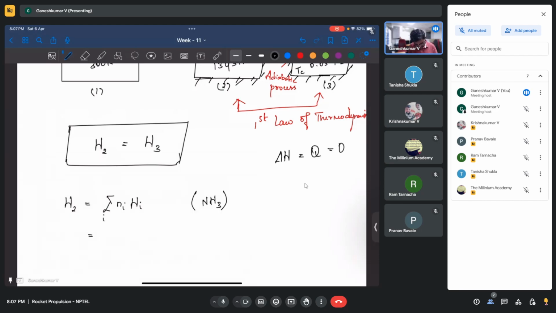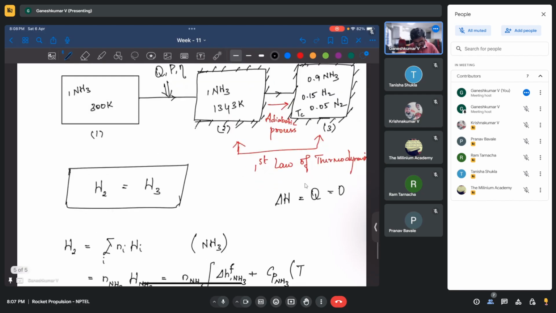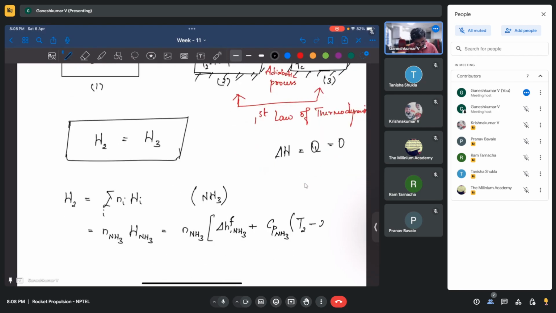So you will have n_NH3, the number of moles of NH3, times the total enthalpy of NH3, where you can write the total enthalpy of NH3 as the formation enthalpy of NH3 plus Cp of NH3 times the temperature T2 minus 273.